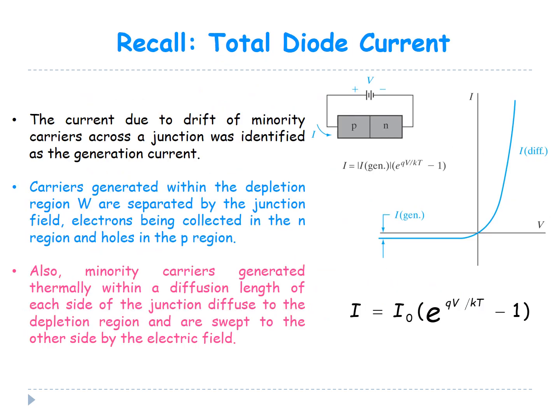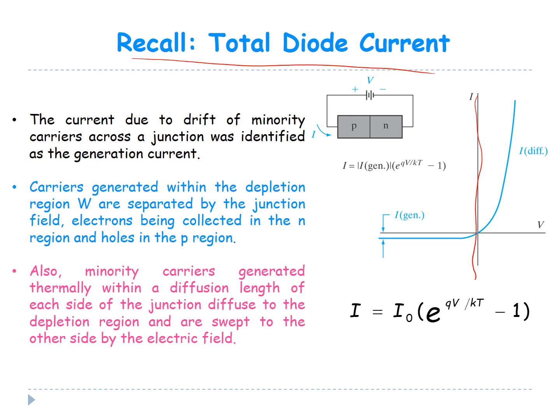Okay. Now, if you recall the total diode current that we studied in chapter 5, the IV characteristics, the current voltage characteristics of a diode are represented by this figure here.